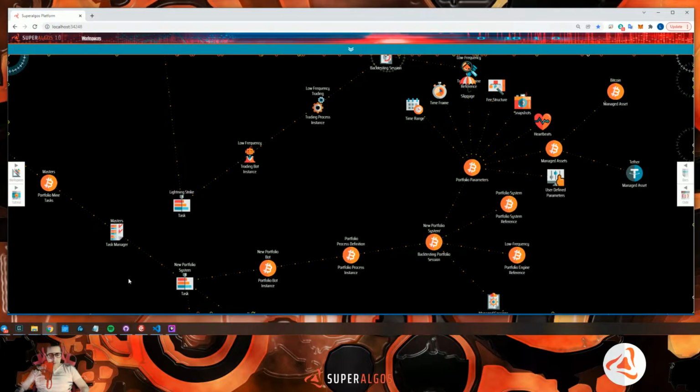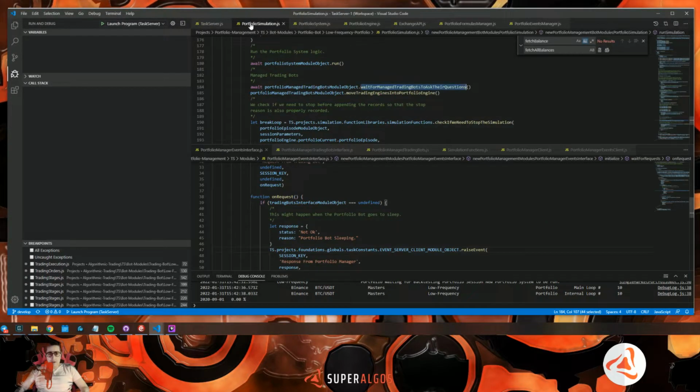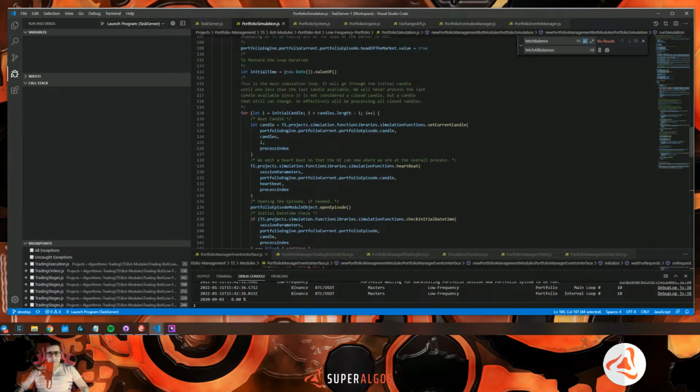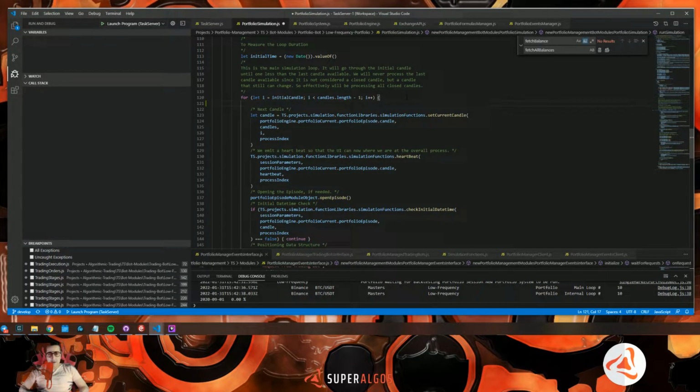Another thing I want to do is run the portfolio simulation. Where is the portfolio simulation? Here. Because this is going to be advancing candles until it reaches the next day.